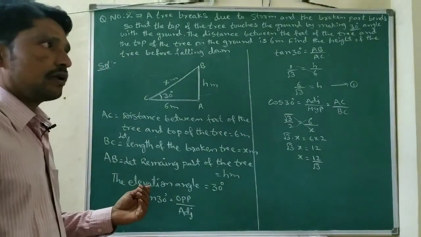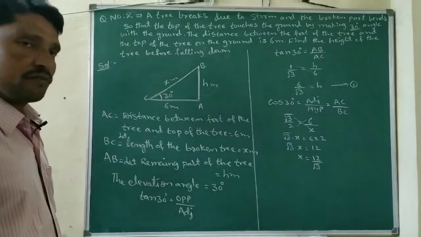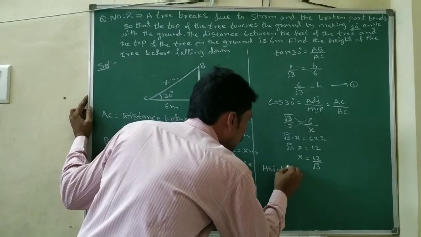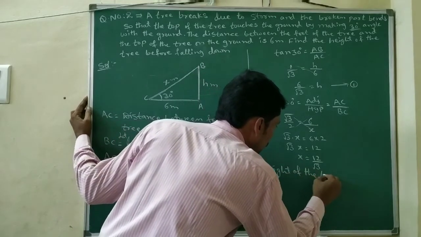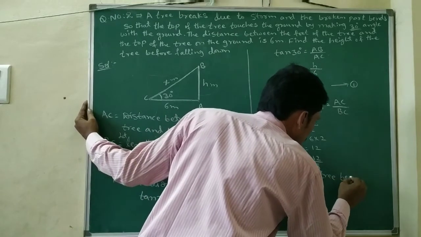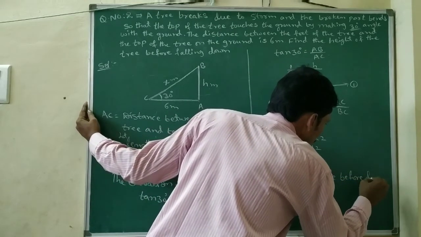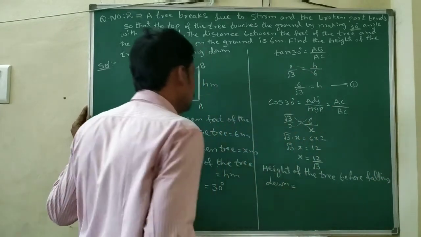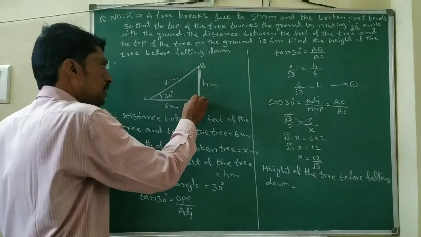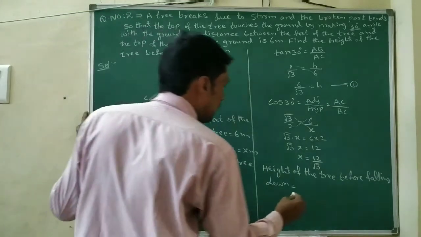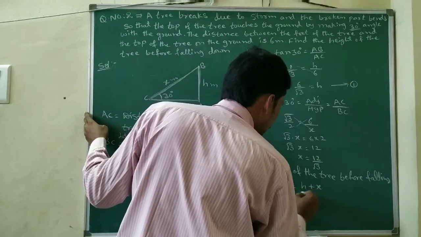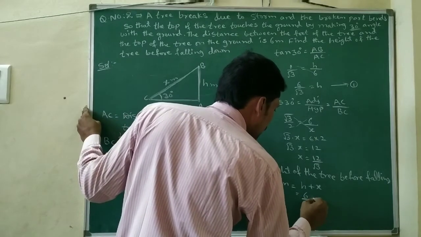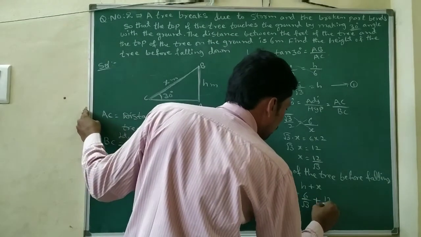Now we need to find the height of the tree before falling down. This is the remaining part and this is the broken part. Adding both, we get H plus X. H is 6 by root 3 plus X is 12 by root 3.